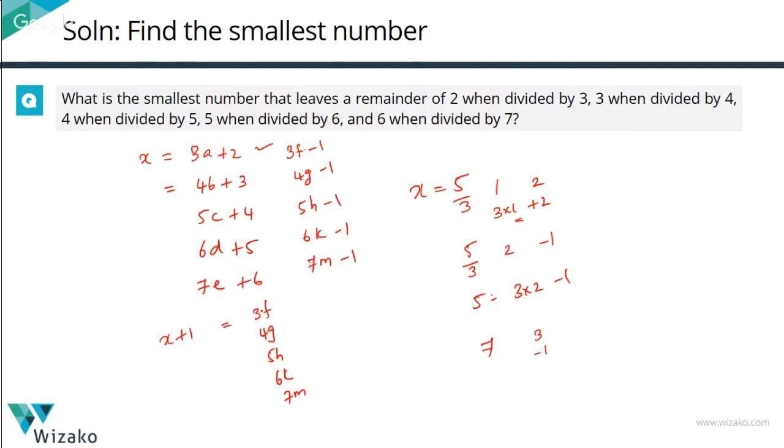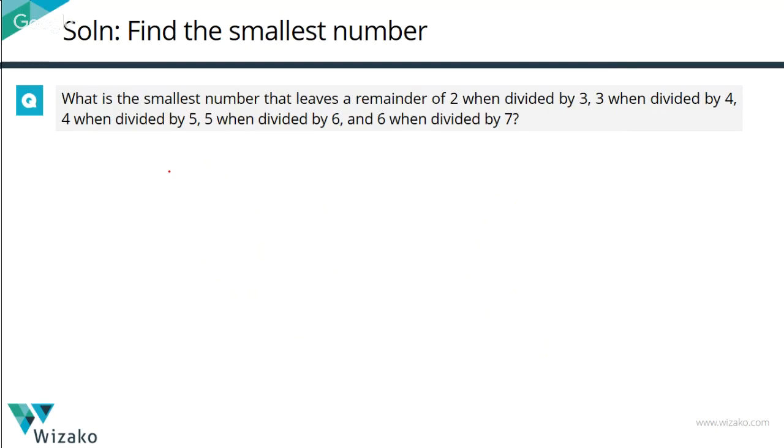Essentially boiling down to saying that x plus 1 is a multiple of 3, it's a multiple of 4, 5, 6 and 7. So x plus 1 is a common multiple of all of these numbers. Let's find out the least possible value for x plus 1, which is as good as finding out the LCM of these numbers. I'm prime factorizing the numbers as we are writing it, so I'll write it in the next string. LCM of 3, 4, 5, 6, 7 is what we need to find out.